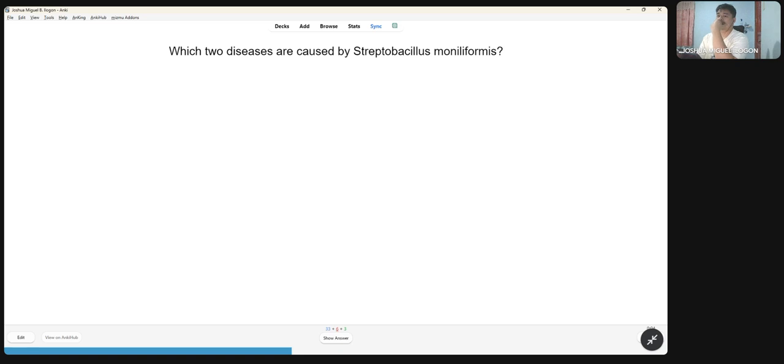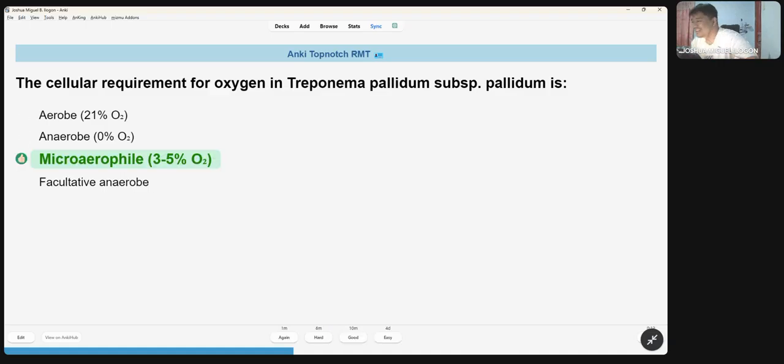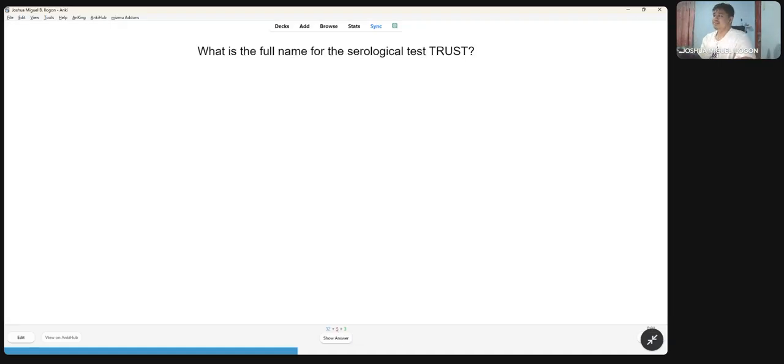Streptobacillus moniliformis: rat bite fever, Haverhill fever. Treponema pallidum. Facultative. What is the serological test? Toluidine red unheated serum test.